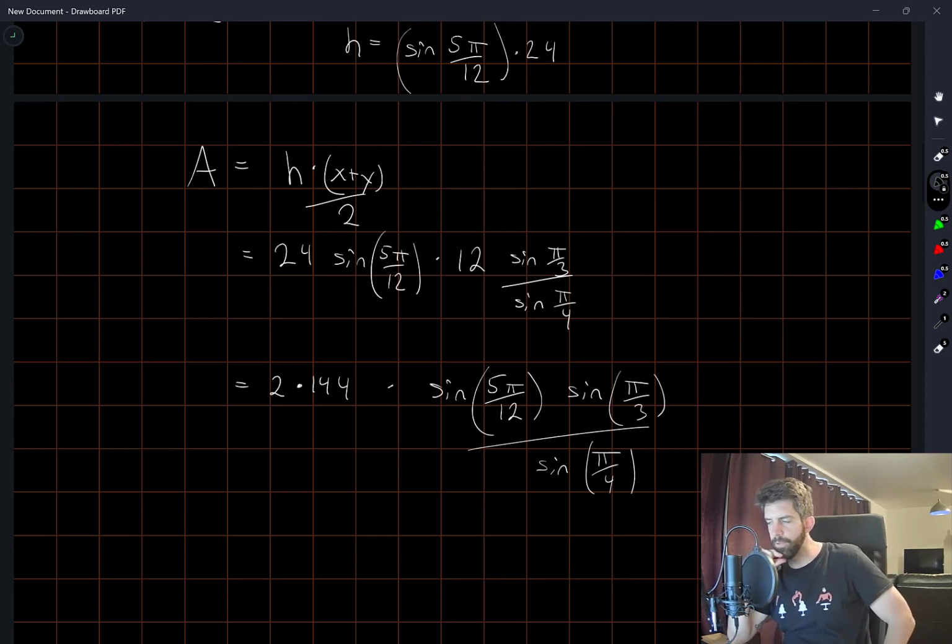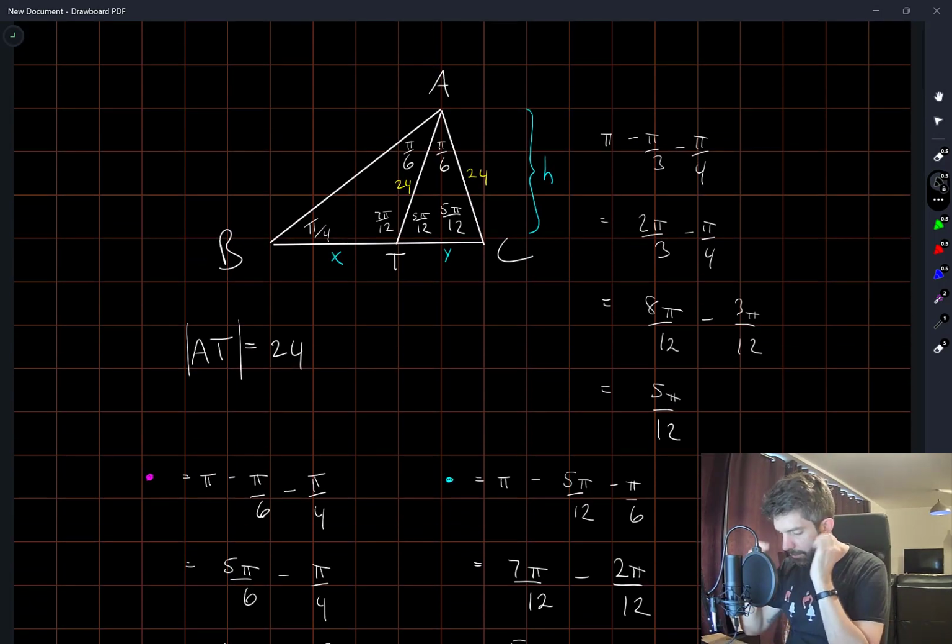Which I'm a little surprised. I would have imagined all these have like a root in them somewhere. I'm just going to check some of the geometry stuff that I've done, make sure I haven't done something silly.